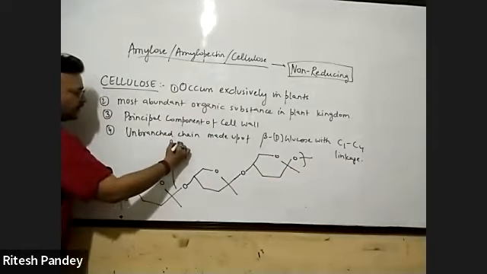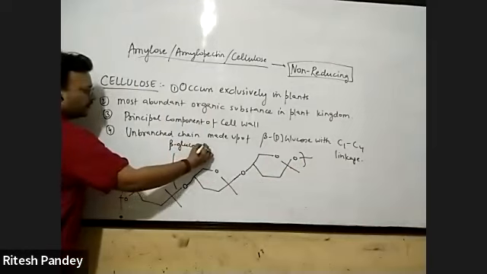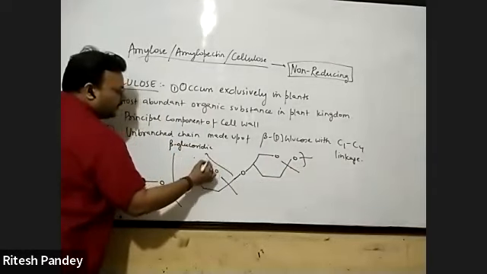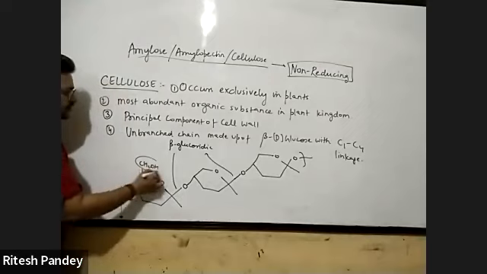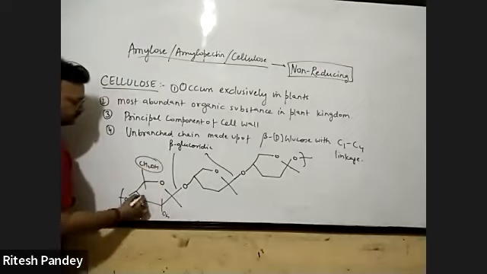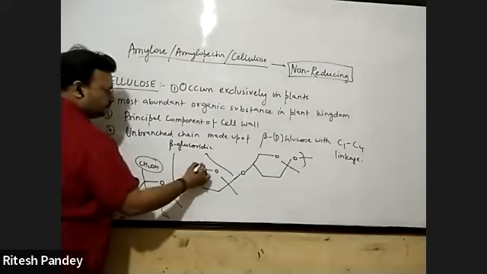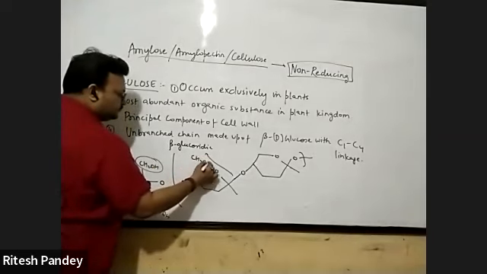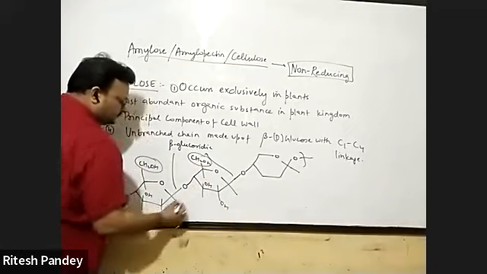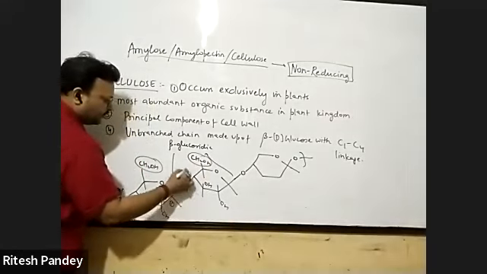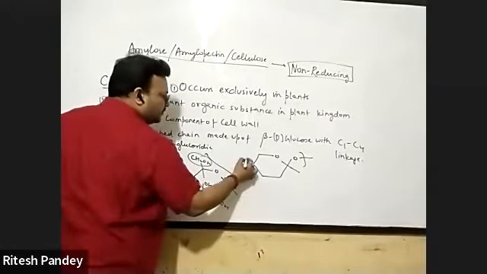I need this to be beta with respect to the CH2OH over here. Linkages C1-C4.